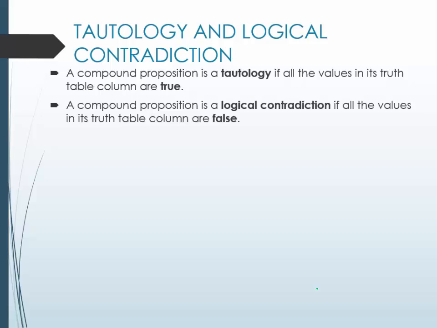So, tautology means that the entire column is true, and a logical contradiction means all of the values are false. Now, remember when I was actually telling you these propositions and we were doing them? We are now in the abstract realm.